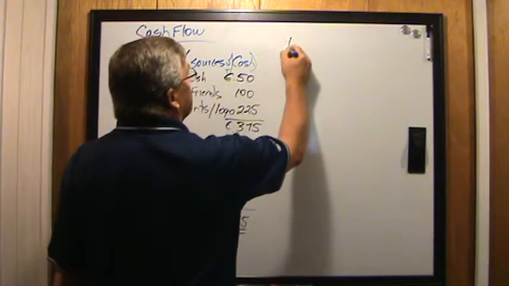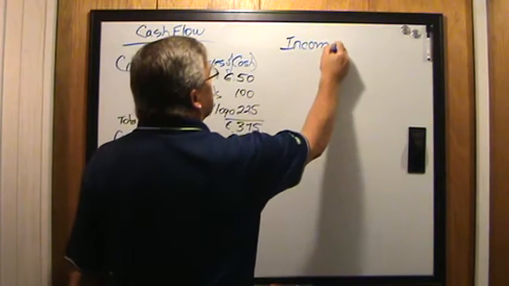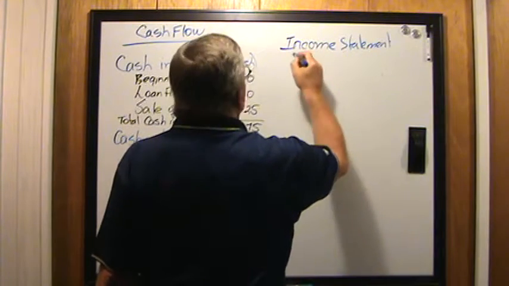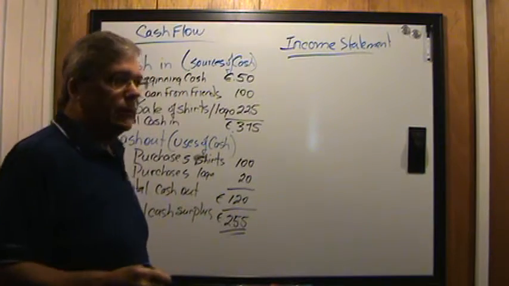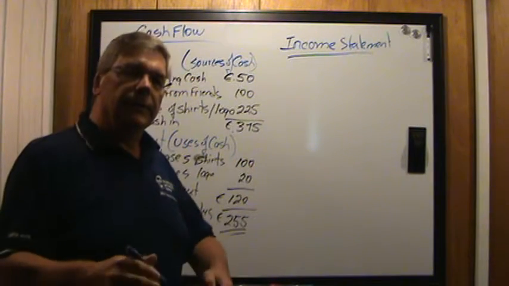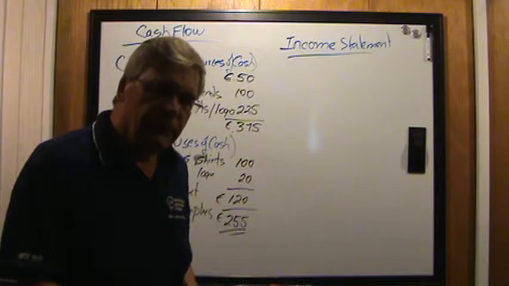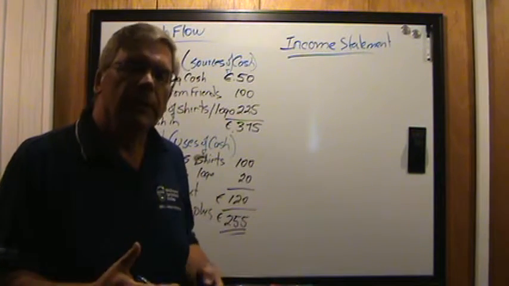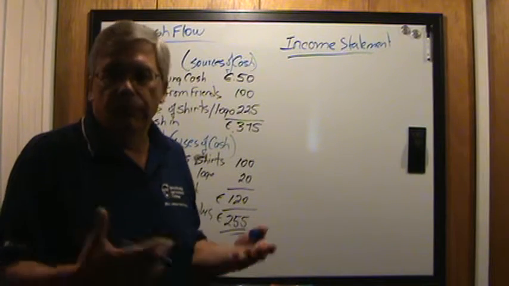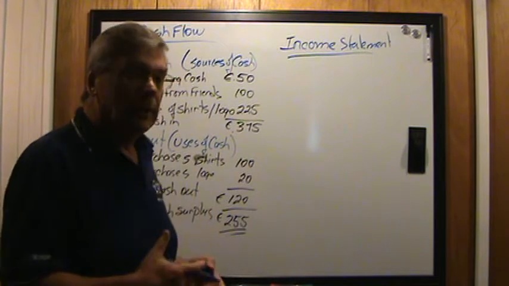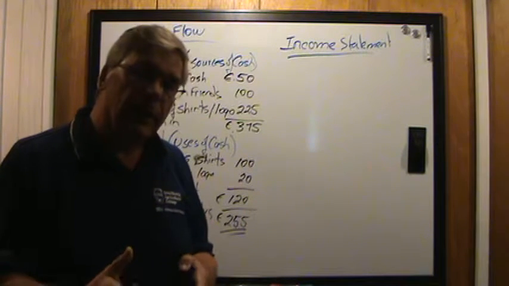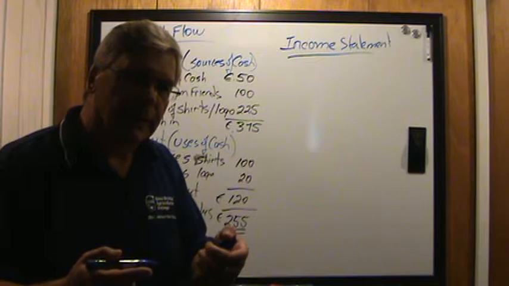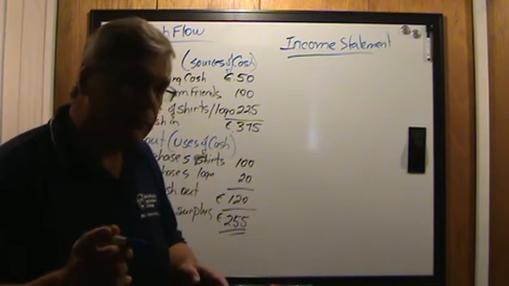So the income statement is essentially looking at all of the revenues or sales of things sold by the business as the business operates, and all of the expenses that are incurred in order to earn that revenue. Okay? And that's a very important point. I'll stress it again in a minute.